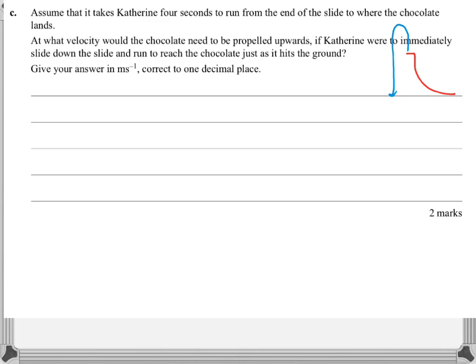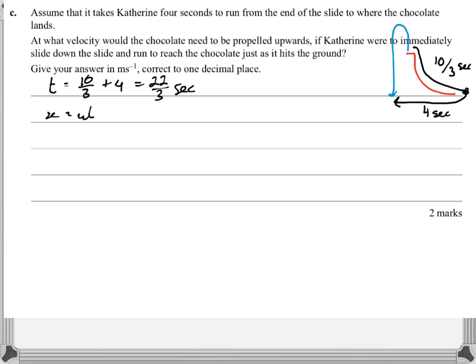And the girl, Catherine, she's sliding down, from the previous question, 10 over 3 seconds, and then she's running from the bottom of the slide over here to catch the chocolate, 4 seconds. So what's the total time? 10 over 3 plus 4, which as an improper fraction is 22 over 3 seconds. We've got to use that. And again, what is the displacement that the chocolate bar does?